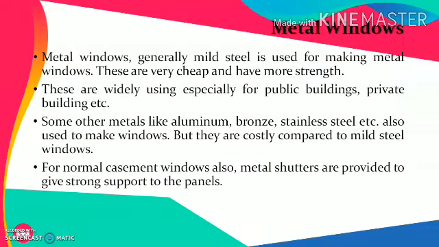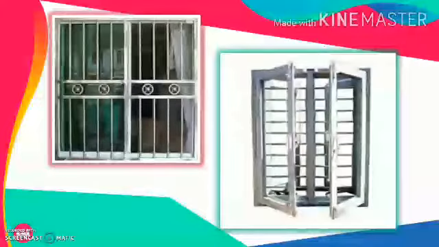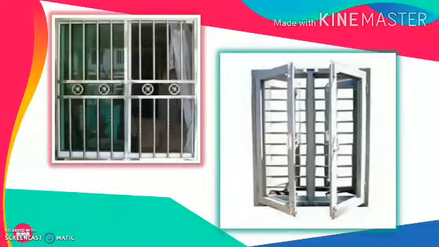For normal casement windows, metal shutters are also provided to give strong support to the panels. These panels can be of glass, wood or similar. These are the figures of casement windows.